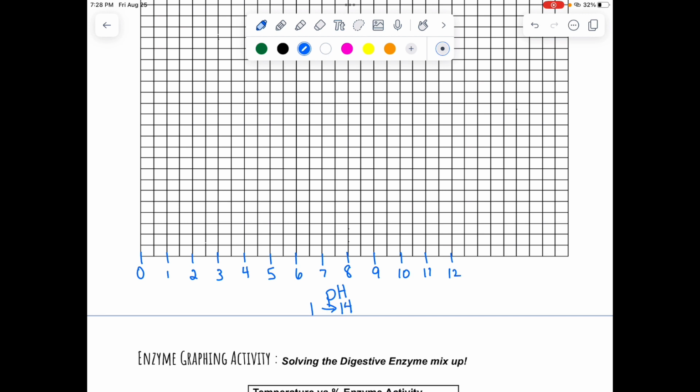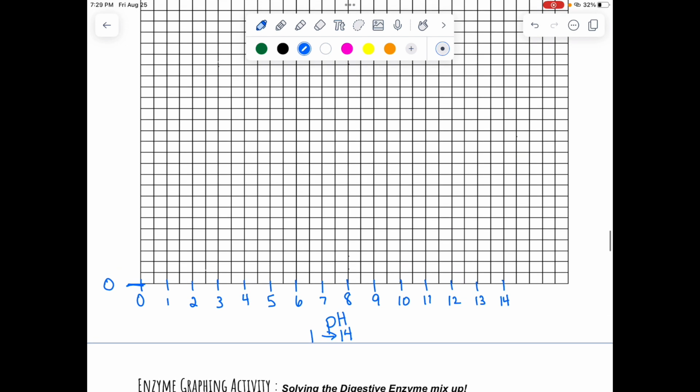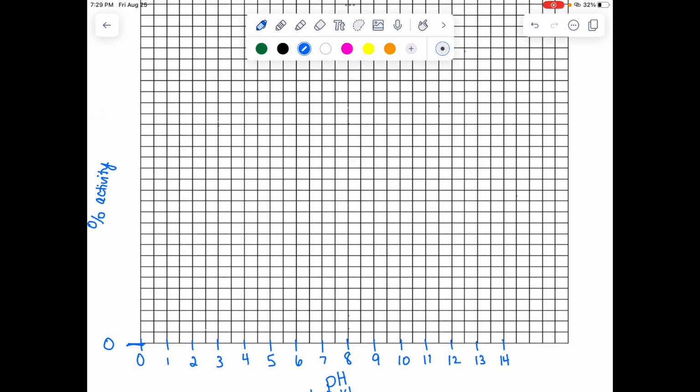And then we're going to do something similar in order to determine what our scale going to look like on the y-axis. So again, we're going to start at 0 because that is our lowest percentage activity. We're going to label the y-axis as percent activity. And then we're going to count how many spaces we have because we need to go from 0 all the way up to 100.